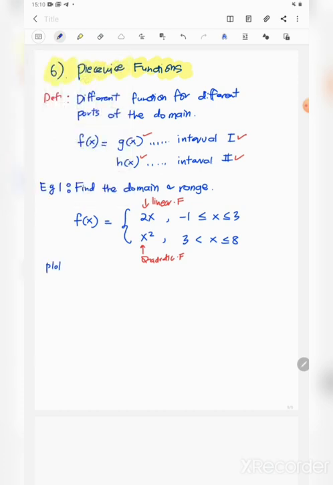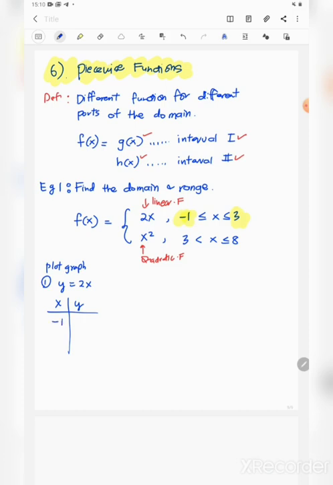Plot graph. Graph number 1, function number 1 is y equal to 2x. To sketch the graph, you have to draw a table. This is x, this is y. Now we already have the x points, remember we have negative 1 and 3. Put them into the table.